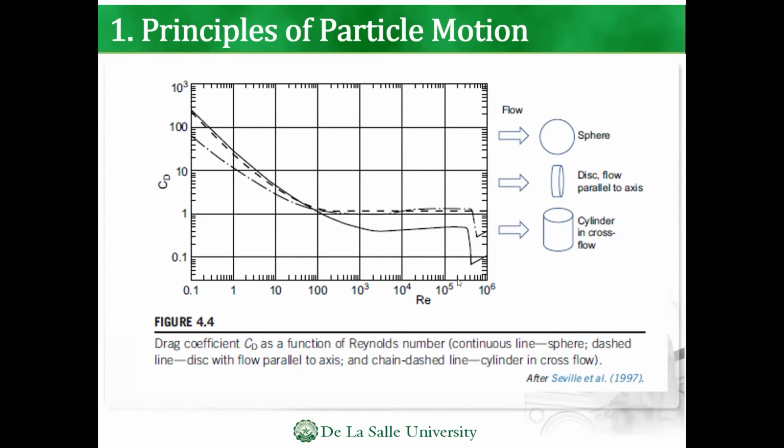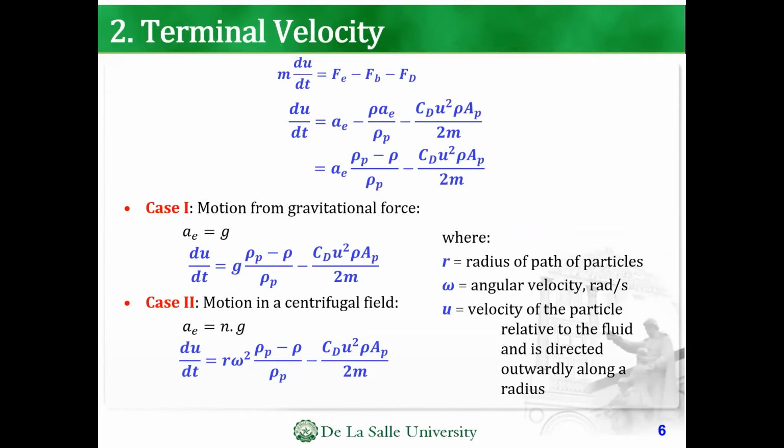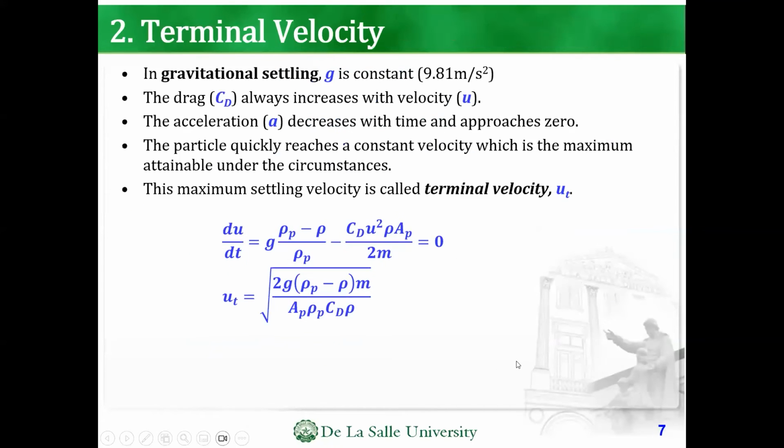But as I said, around 5 times 10 to the 5, there's a sudden decrease. So it is essential to know the terminal velocity of the particle.